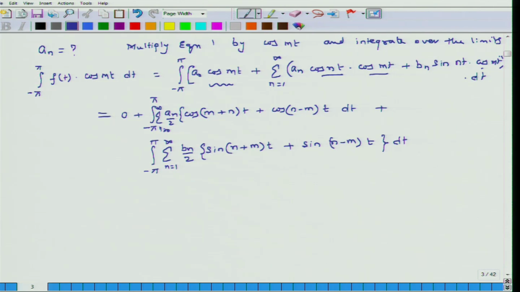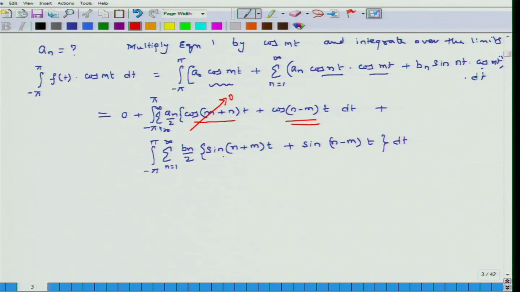Okay. Now, if I integrate this term cosine (m plus n)t, I will get sine, and in the denominator I will get m plus n, and sine when t is equal to pi and m and n are integers, this will be 0, and also when t is equal to minus pi, so this value will be 0. Okay, we will not talk about this right now.